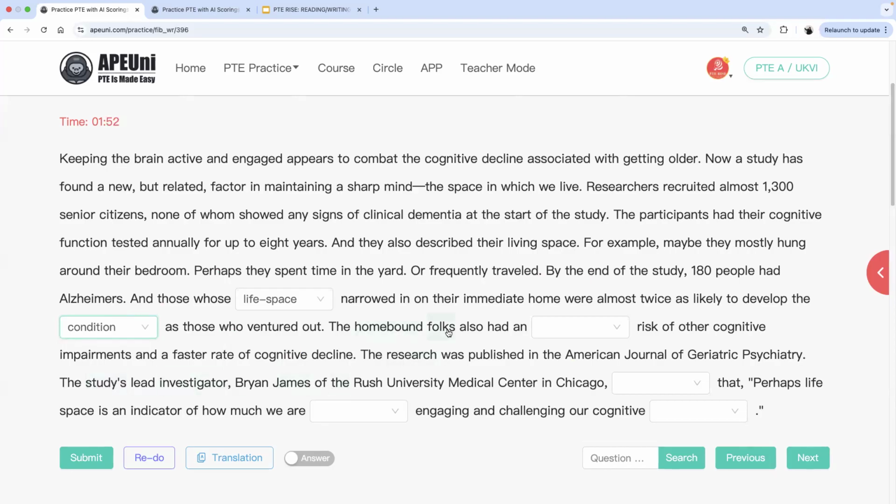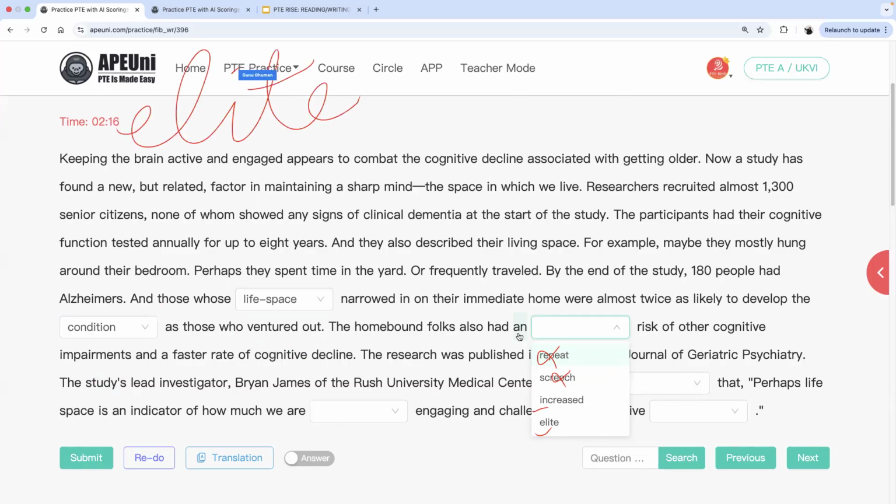The homebound folks also had an dash risk. And so which two options are cancelled because of grammar? Repeat and scratch. You need a vowel sound. So you say an increased risk or an elite risk. You know what's elite? Elite. Now that's the vocabulary word. You might want to write the meaning of this.